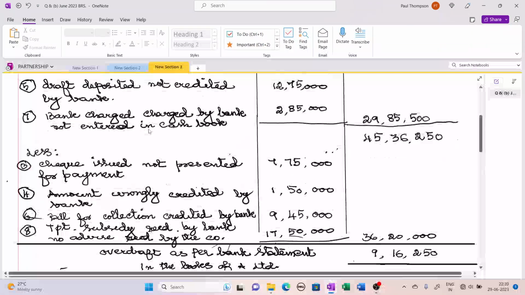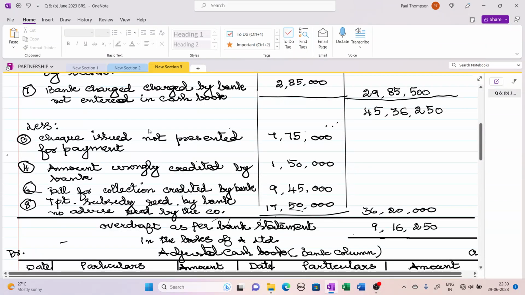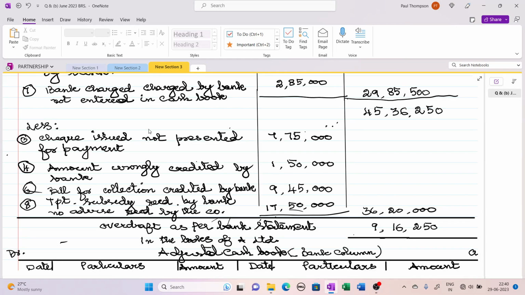45,36,250. Then any check issued not presented for payment. Suppose in my cash book my balance is 10,000 overdraft. I am issuing a check of 5,000 rupees to a person. Immediately what will I do? I will increase my overdraft to 15,000. But in the bank the overdraft is 10,000 previously.